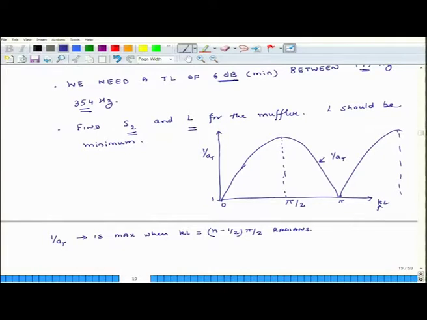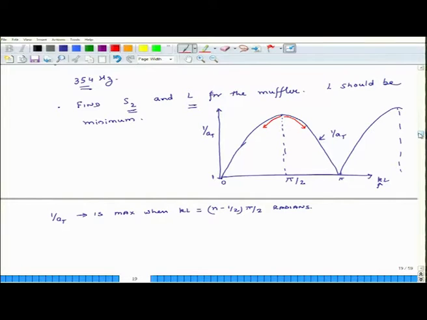At some frequency transmission loss will be maximum, and as we move away from that frequency transmission loss will start declining. Now, we are told that this muffler has to operate from 177 hertz to 354 hertz.